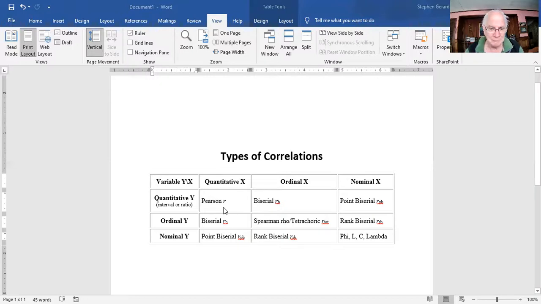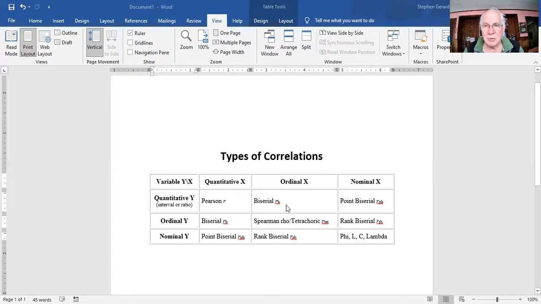However, if you were trying to correlate quantitative data with ordinal data, you would use a biserial correlation. It's computed somewhat differently because the data underlying it is different. The biserial is here because these are sort of matched pairs.